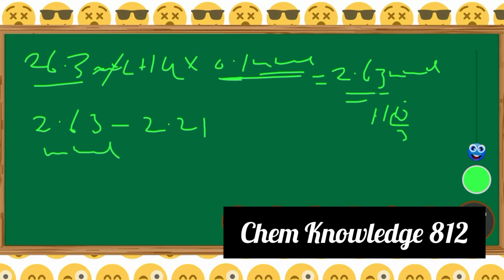This is the millimole obtained now, and this is the millimole previously obtained in the first endpoint. So that will be 0.42 millimole.